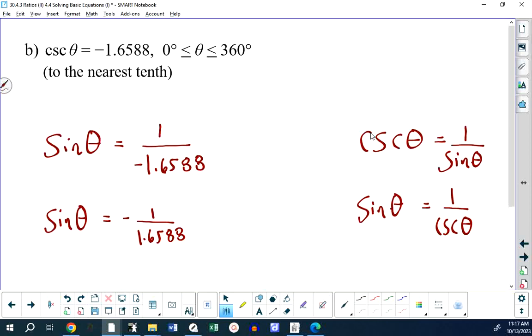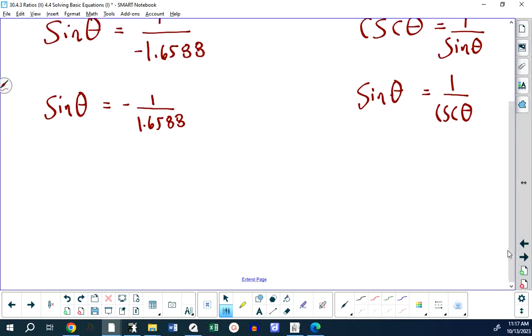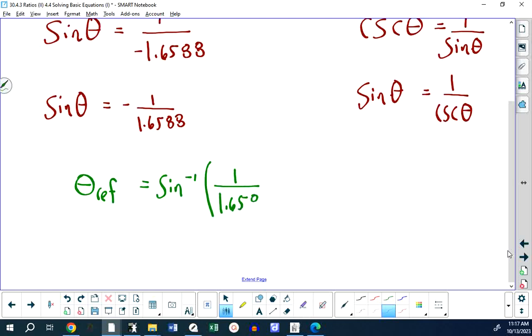However, I did just misspeak. We're going to find the reference angle by taking the inverse sine of 1 over 1.6588. Not negative 1 over 1.6588.